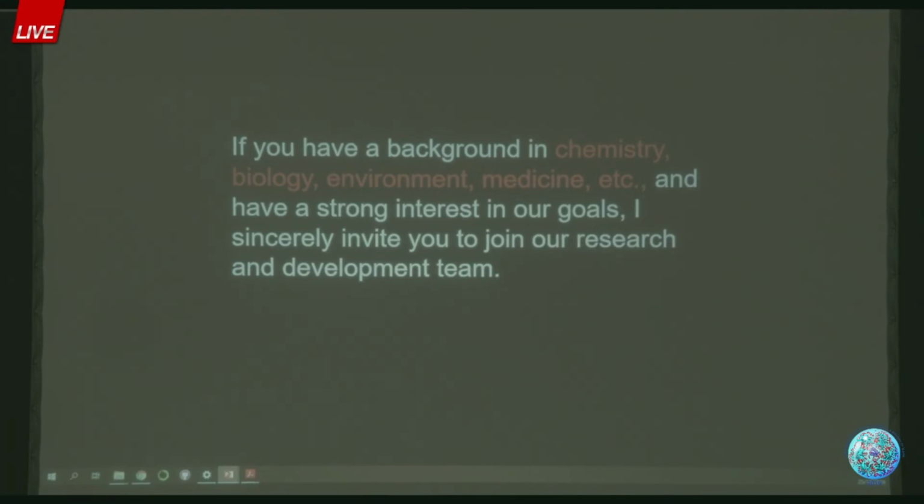If you have a background in chemistry, biology, environment, medicine, etc., and have a strong interest in our goals, I sincerely invite you to join our research and development team.